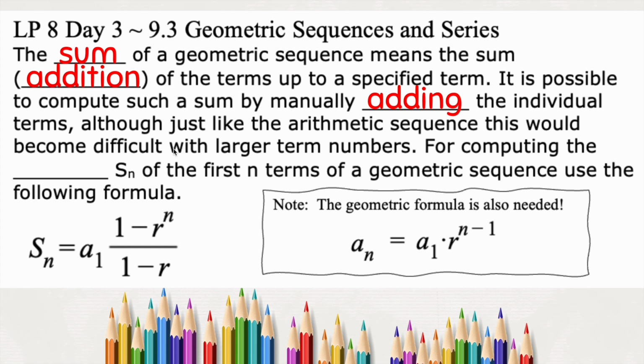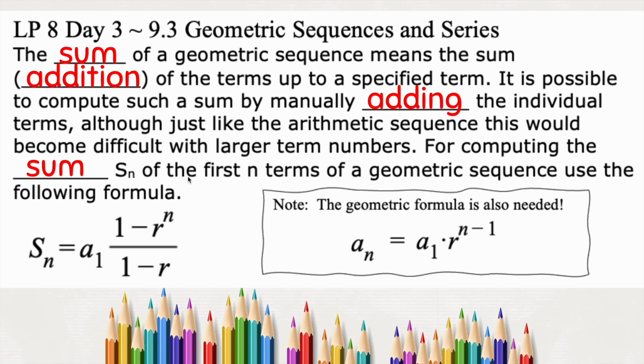The more manual calculations we do, the more error that happens. It's human nature. So if we can avoid doing things like that using a formula, that generally helps us make less mistakes there.